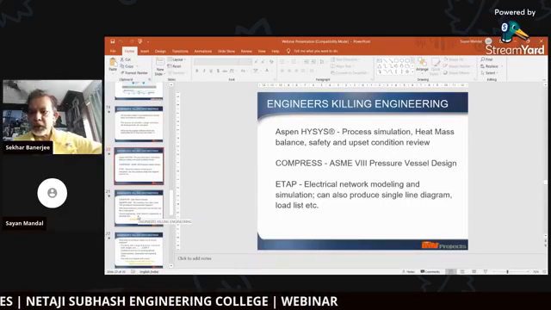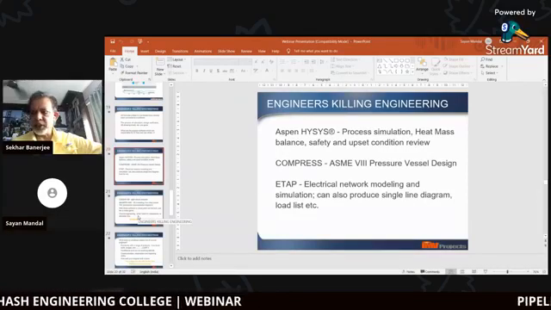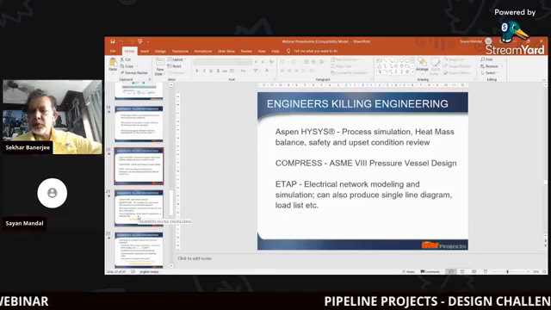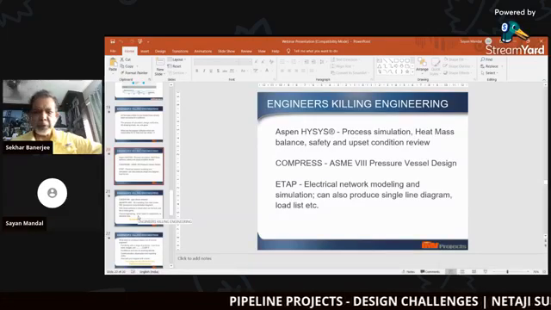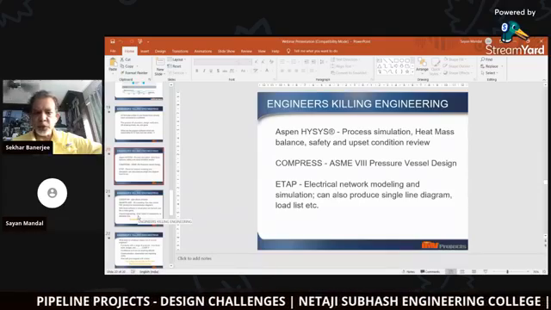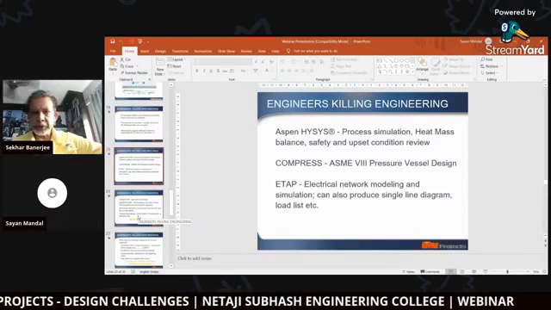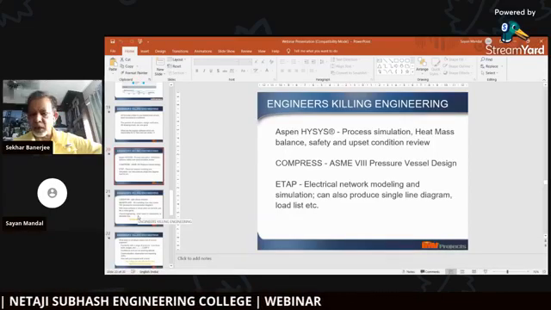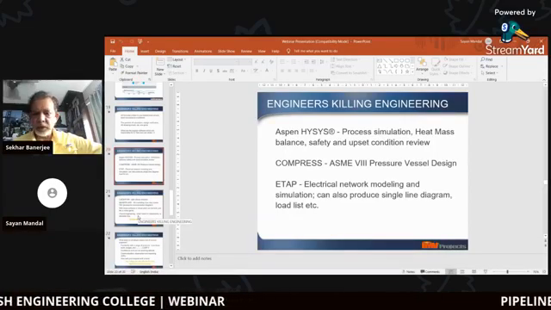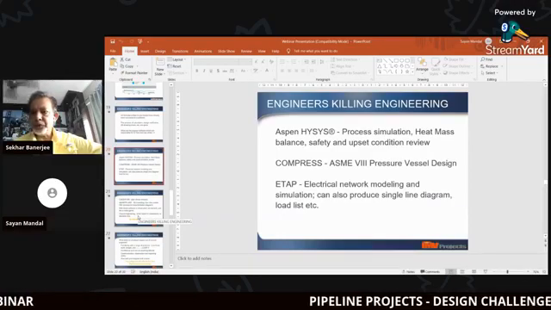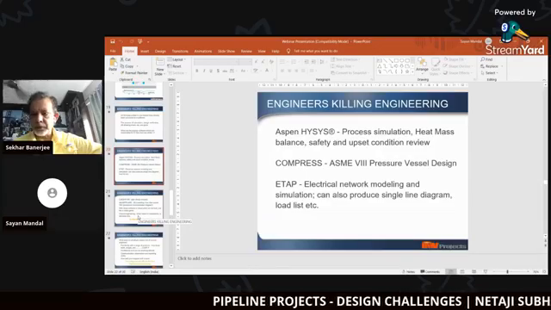COMPRESS has converted the whole book of ASME Section 8, a massive book, to software. You just put in your internal pressure, your temperature, your liquid, the inlet-outlet pipelines, and maybe the outer dimension of the vessel, and it will design it entirely for you. It will give you a drawing.